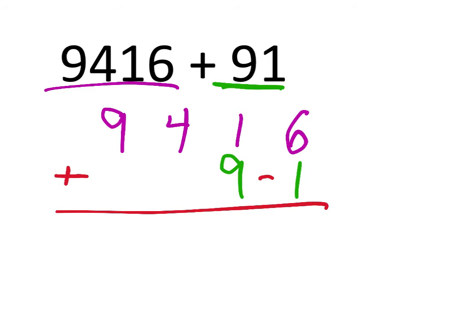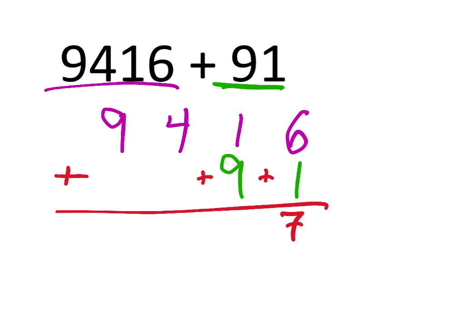So I'm going to start with the ones place value, which is where we should always start. And I got 6 plus 1. Okay, so 6 fingers, another finger, 7. And again, if you got that math fact down already and you didn't need to use fingers, that's great. But if you did, that's great too, as long as you're getting the right numbers here.